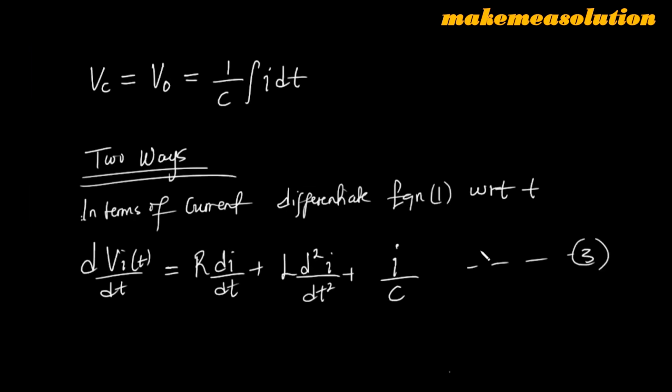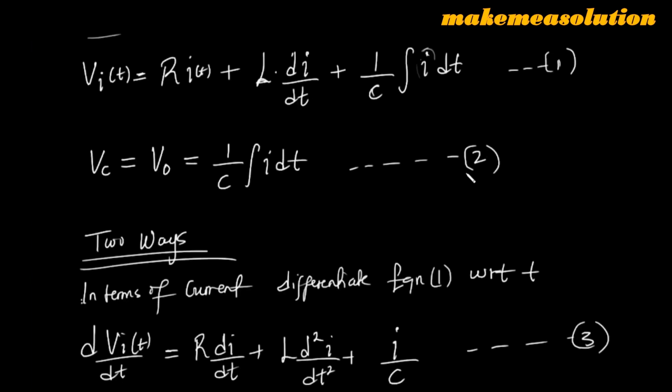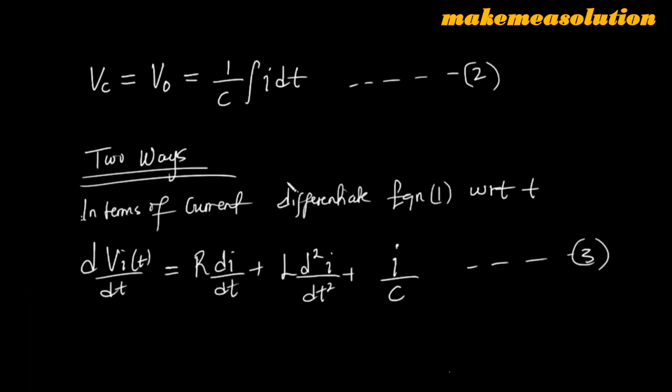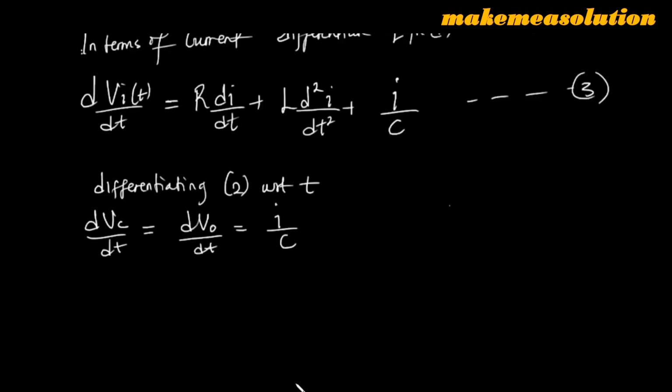Let's say you call this equation over here equation 2. If you differentiate equation 2 with respect to t, we'll have dVc by dt, which is still the same thing as dV naught by dt, which is still the same thing as I over C. Are we together?